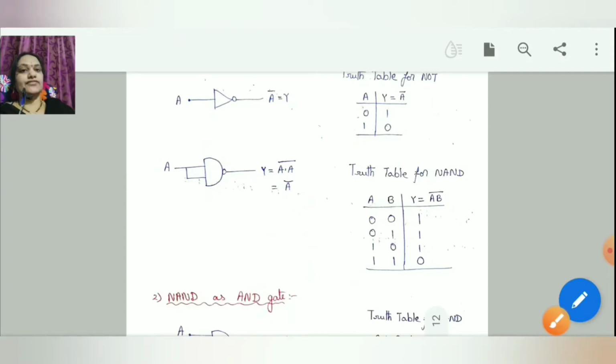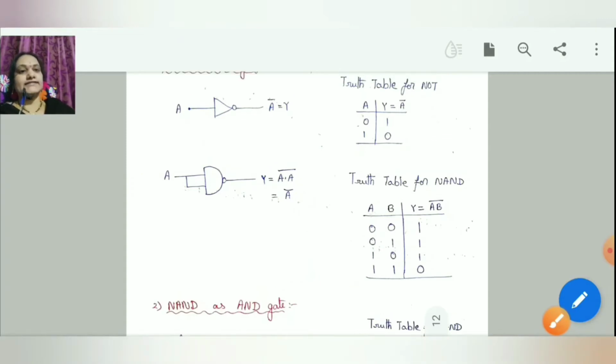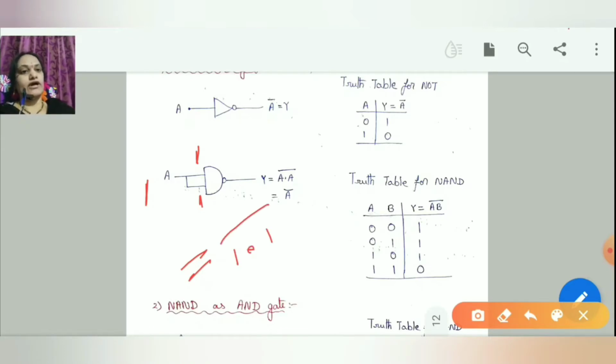Next, if you give 1 as input, then the inputs are 1 1. Now the output becomes (1 into 1) whole bar. So 1 into 1 becomes 1. Again the complement of 1 becomes 0.